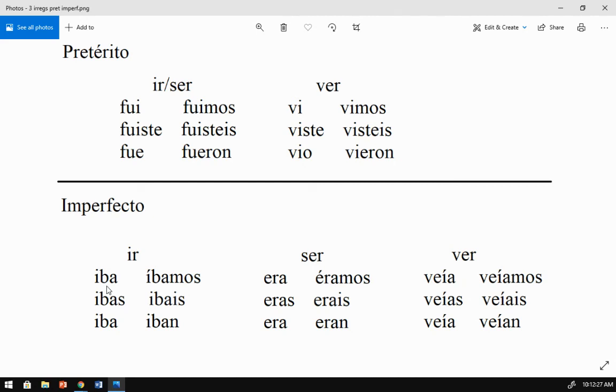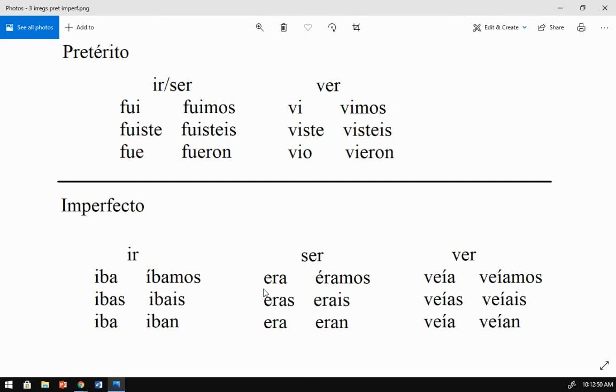Maybe this happened every day, maybe it's back when you were a kid. Ser turns into era. So if you want to say, oh man, I was short as a kid, yo era baja de niña. Okay, yo era baja. I was short. There's nothing sudden about being short, and there's no closed time period there. It's just back when I was a kid.